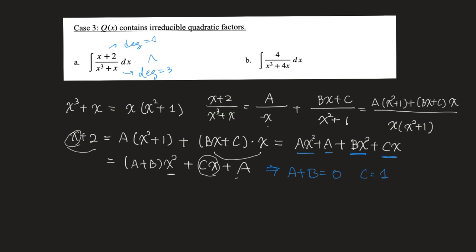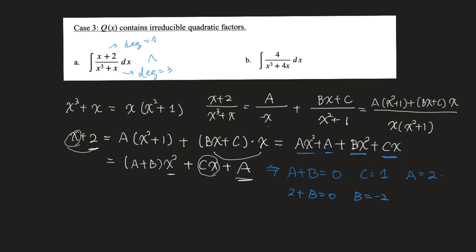Last one, A, the constant is 2, so A is going to be 2. So you have A value, C value, and you find the B value. 2 plus B equals 0, B equals negative 2.